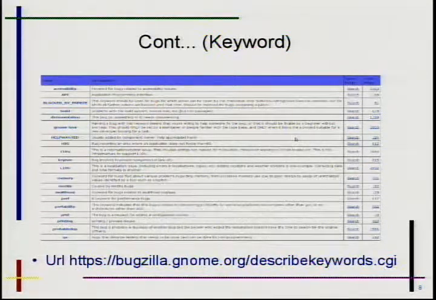So if you have done triaging, it's better to mention probable dupe, so the next time anyone is triaging, he will be aware that this has an original bug already filed in Bugzilla, and he should be able to find it.